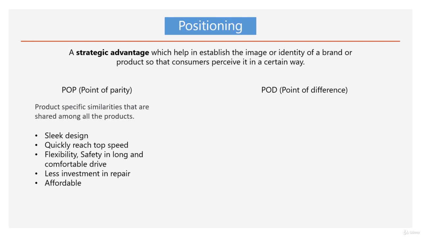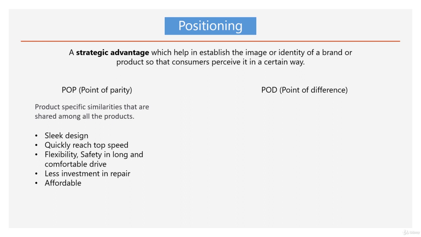For example, if you take an example of Tesla, any normal car has a good sleek design. Any normal car needs to have a quickly reachable top speed. Any car should have a good flexibility in terms of safety, in terms of driving for a long comfortable drive.